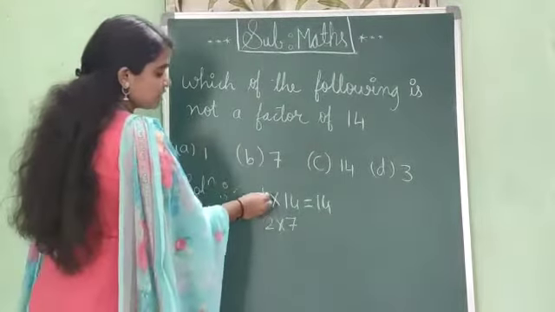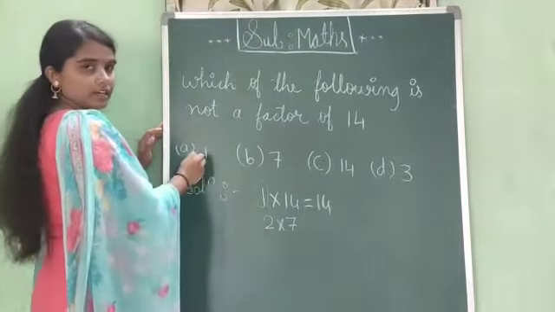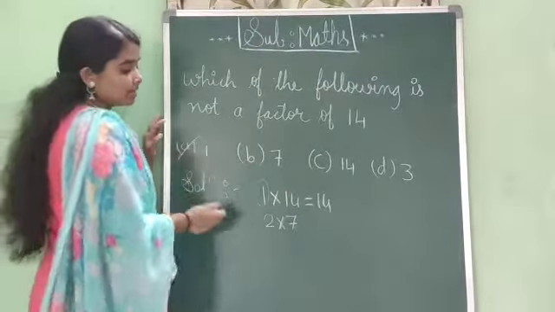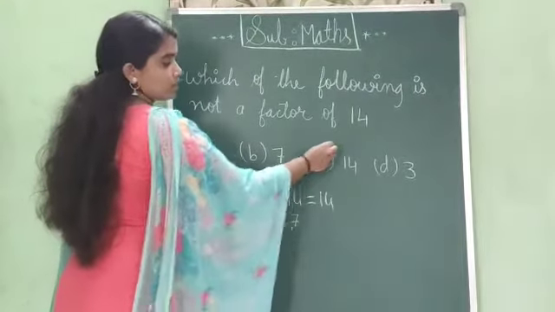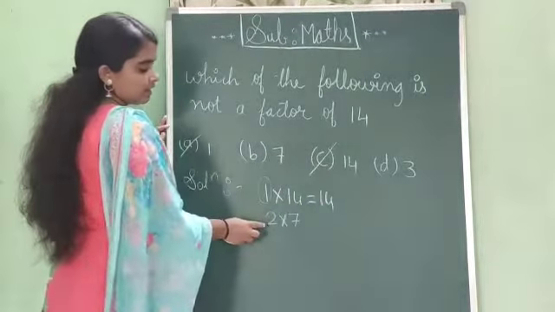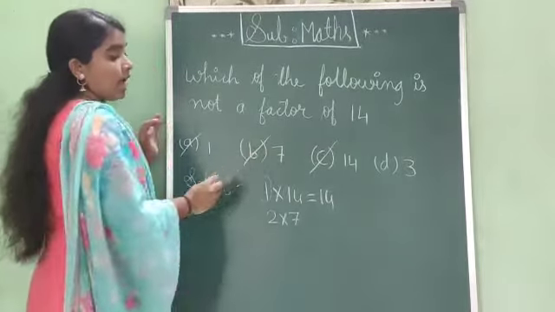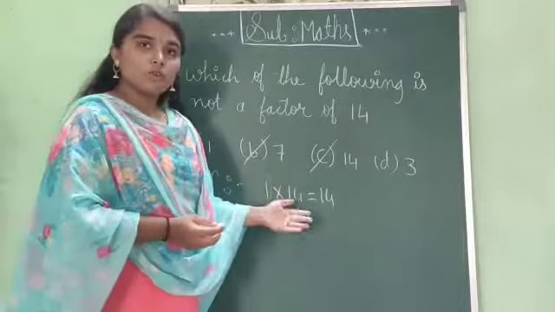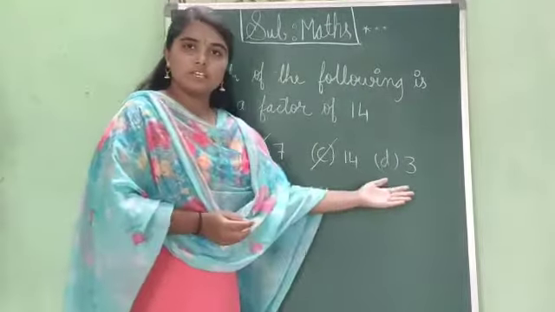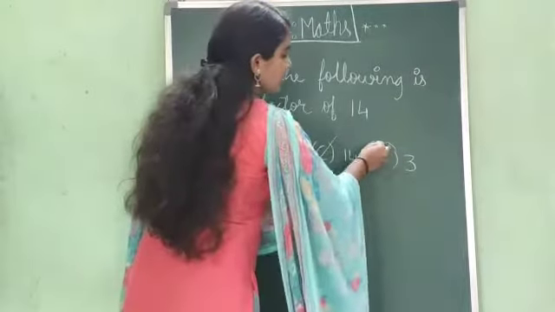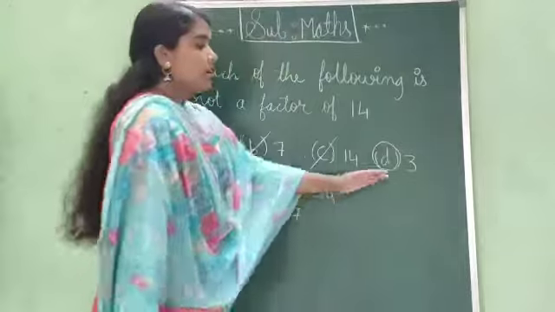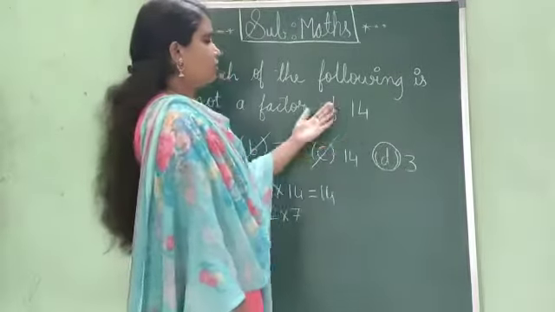See, this is one factor, it is already here. Then is 2 also given? No, not given. Then 14 is already here. Then 7 is also here. And which number is not in our factors? This 3 is not in our factors. So this is called a non-factor of 14.